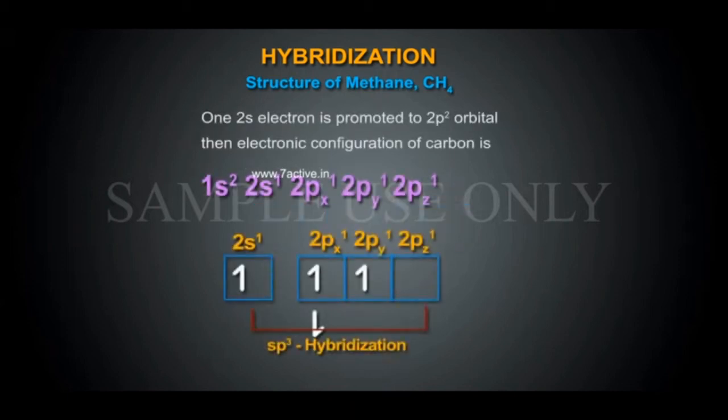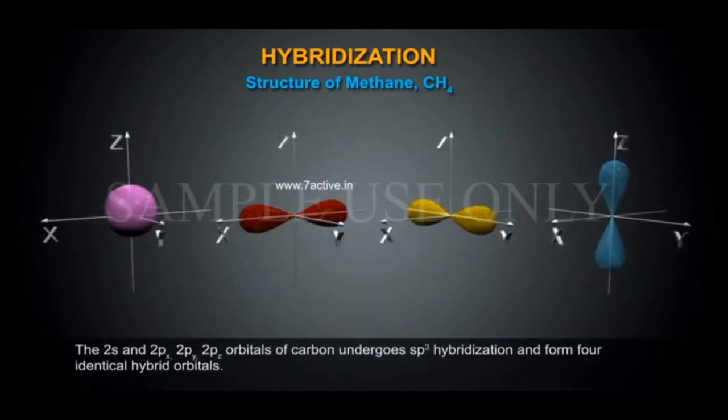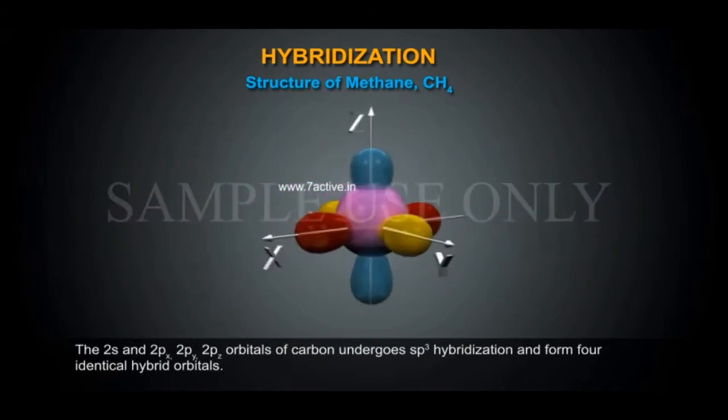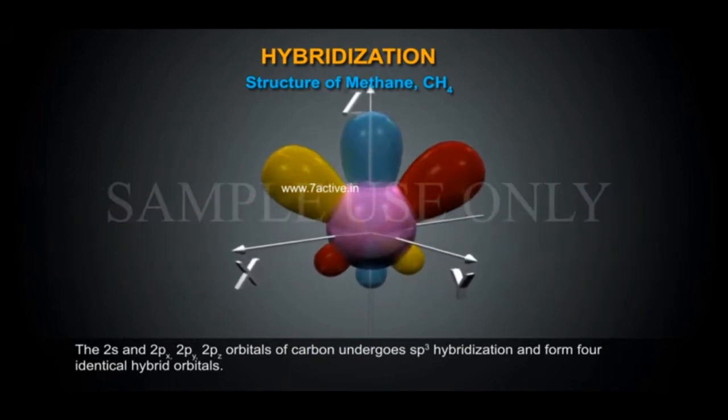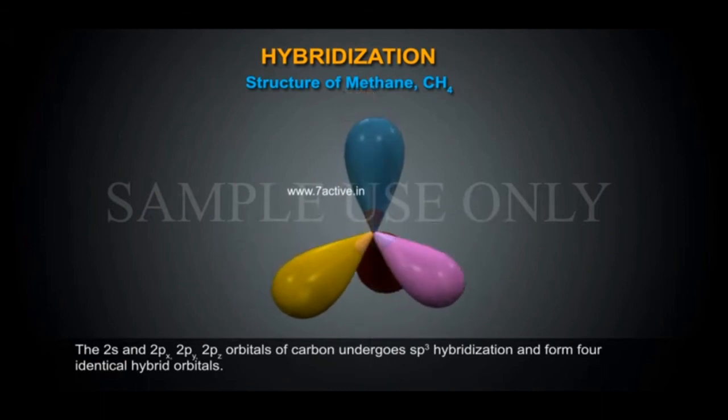One 2s electron is promoted to the 2p orbital, then the electronic configuration of carbon is 1s2, 2s1, 2px1, 2py1, 2pz1. The 2s and 2px, 2py, 2pz orbitals of carbon undergo sp3 hybridization and form 4 identical hybrid orbitals.